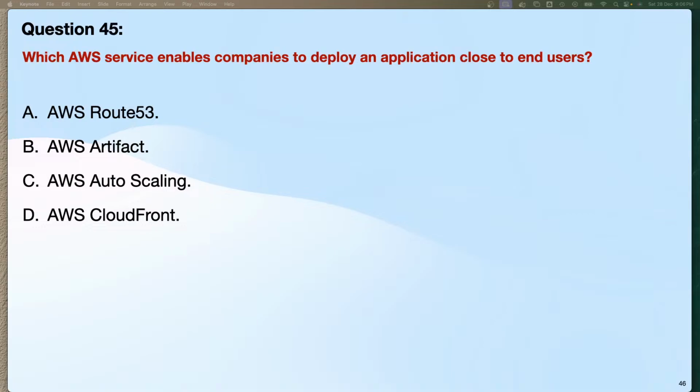Artifact, we discussed, is for downloading the compliance artifact documents. AWS has Auto Scaling, which is for horizontal and vertical scaling to make infrastructure scalable to take more throughput. It has nothing to do with deploying close to the end users, right? So AWS CloudFront is the CDN solution which we discussed in our video course. So AWS CloudFront is the option here.